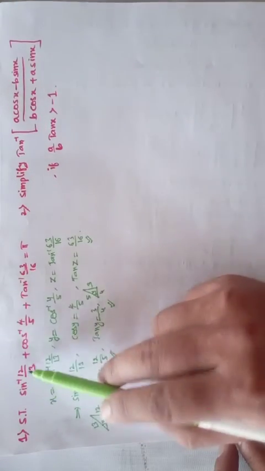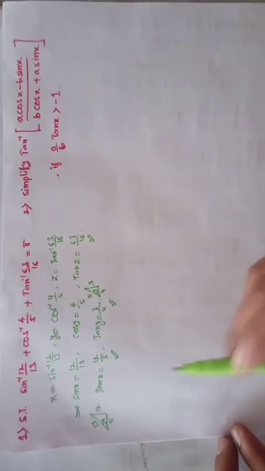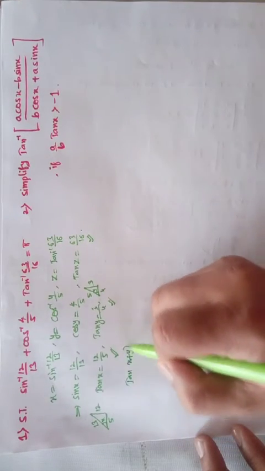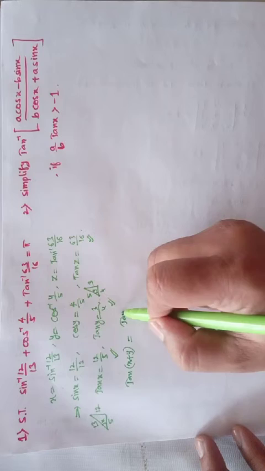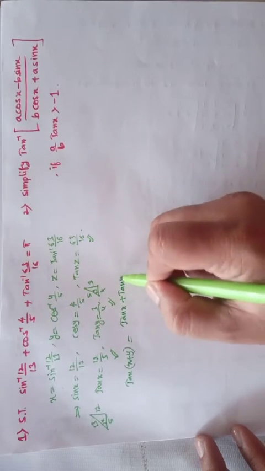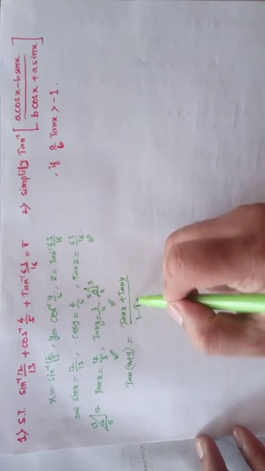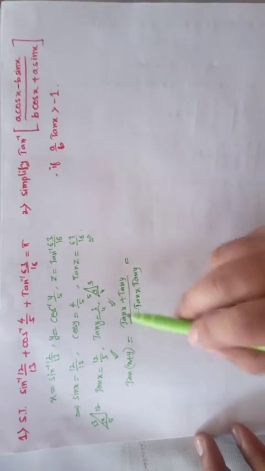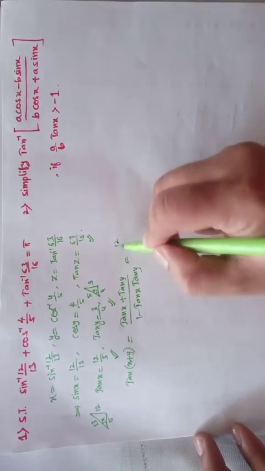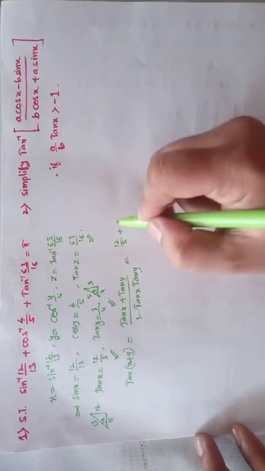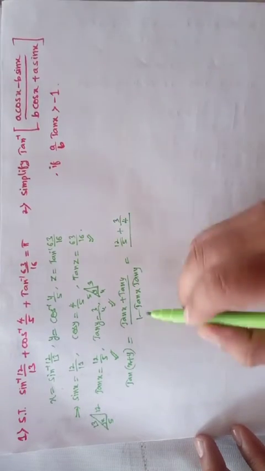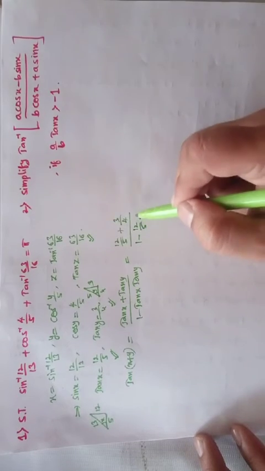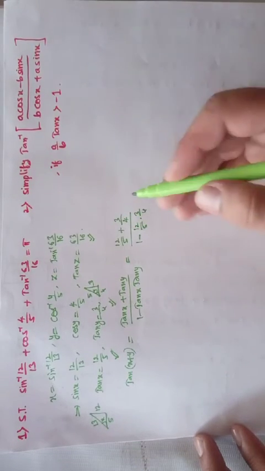Then first two terms are given as plus, so find out the value of tan of x plus y. Then it will become tan x plus tan y by 1 minus tan x into tan y. Tan x is equal to 12 by 5 plus tan y is equal to 3 by 4, by 1 minus 12 by 5 into 3 by 4.